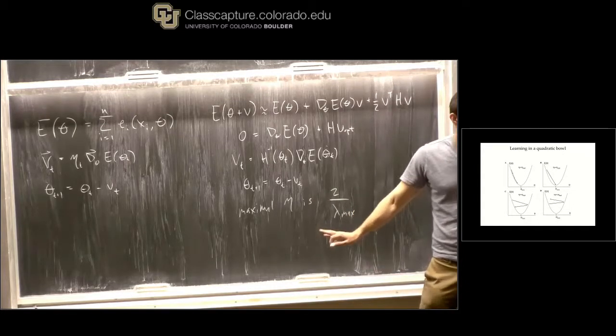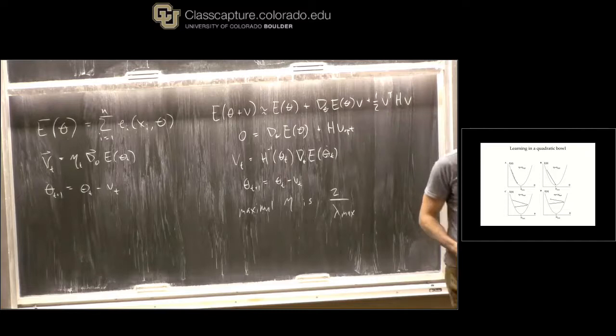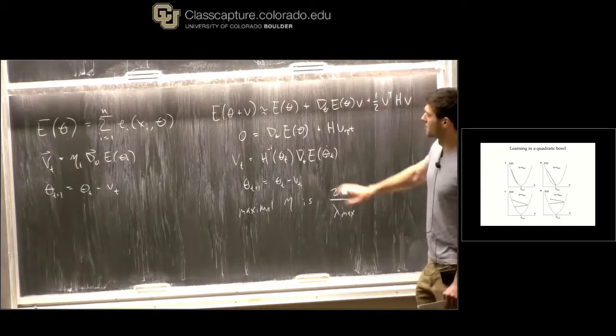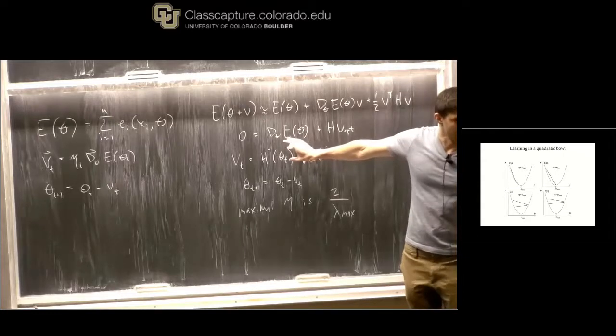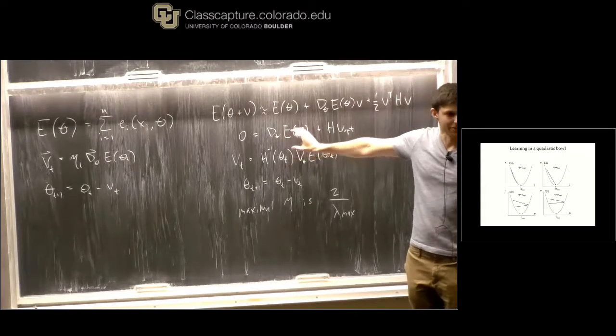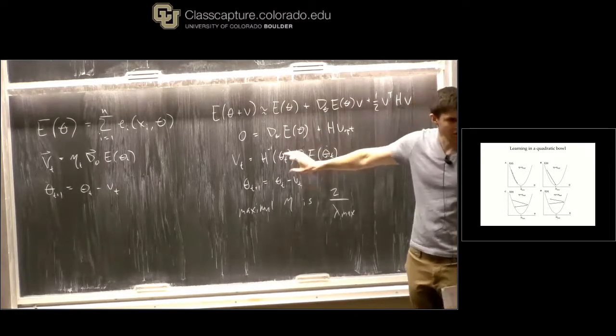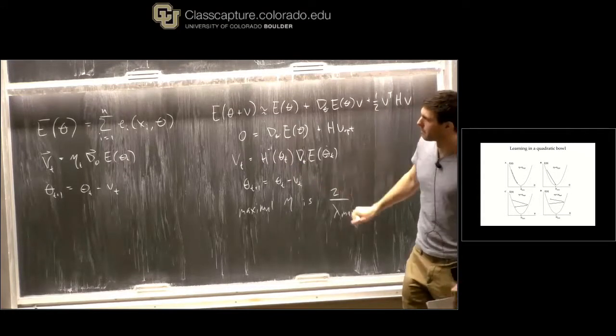Does that make some sense? So here you're talking about a scheme in which you replace the inverse Hessian by a diagonal matrix, which is just your eta. And now you're asking what should you choose as an eta based on the spectrum of H? Yeah, I'm saying that you can't actually do this for a real size model, so this is just intuition for what you would like to do.